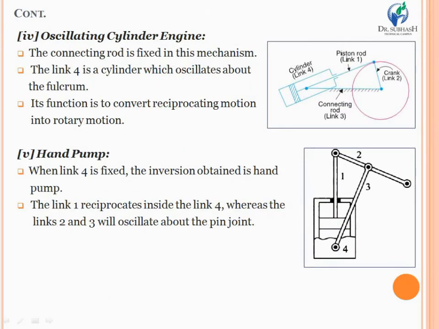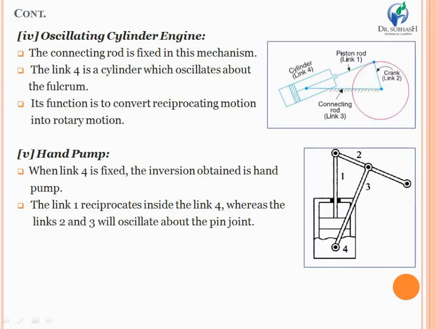Now after that there is the oscillating cylinder engine. You can see the figure given on the right hand side. It is also an example of the third inversion of the single slider crank chain mechanism, which is obtained by fixing the connecting rod of the reciprocating engine mechanism. So if you fix the connecting rod of the reciprocating engine mechanism, you get the oscillating cylinder engine.